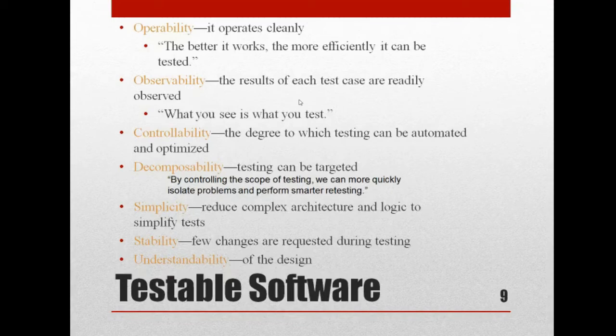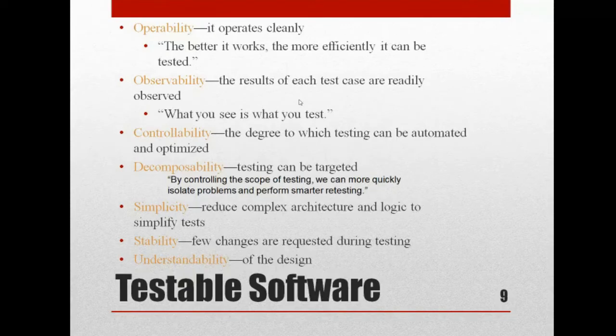Then decomposability, that is, testing can be targeted. It means that by controlling the scope of the testing, we can more quickly isolate problems and perform smarter retesting. If you have the whole software and are able to decompose it into small tasks or test cases, you can easily isolate the problems.